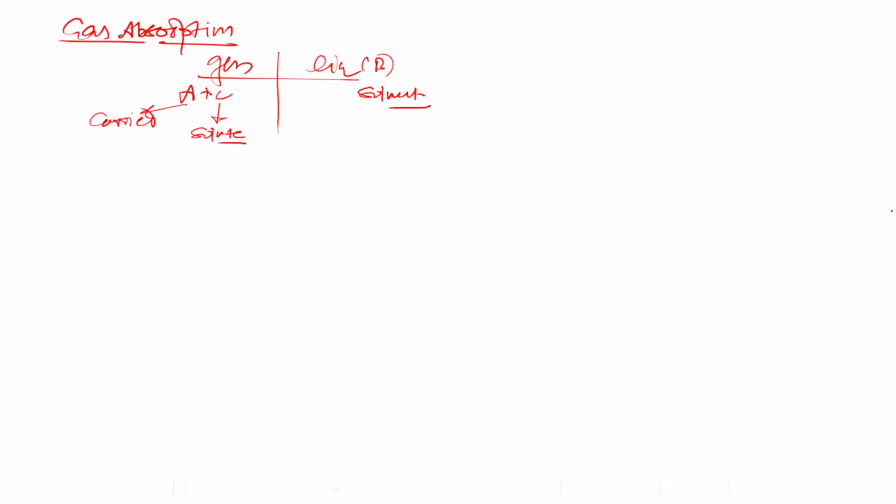So when these two phases are allowed to be in contact, this solvent must have some solubility for the solute. Either it should be less or more soluble, but it should have some solubility. The solvent that we are going to provide must have solubility for the solute, which has to be transferred from the gas phase to the liquid phase.